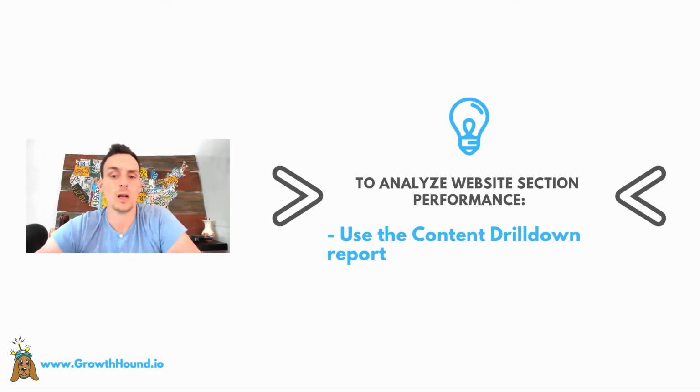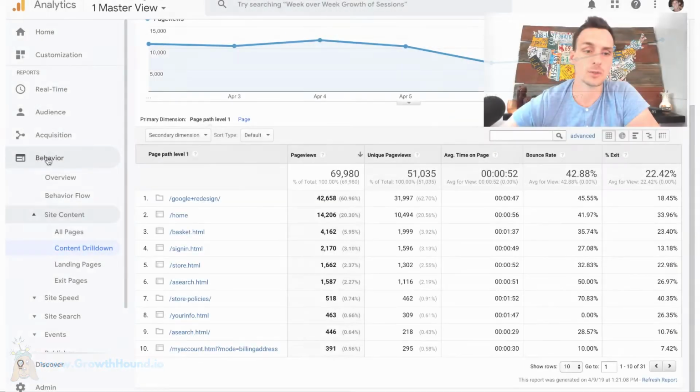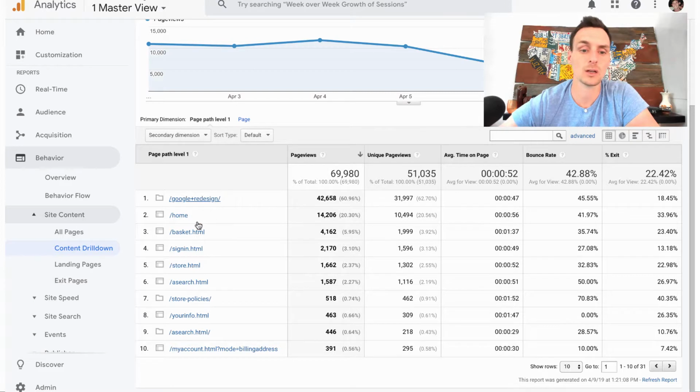Let's say we want to analyze website section performance. We'd want to use the content drill down, which is in the behavior reports and site content section. The content drill down looks at URLs and then allows you to filter against a number of different metrics.